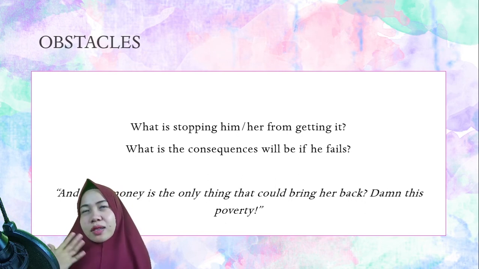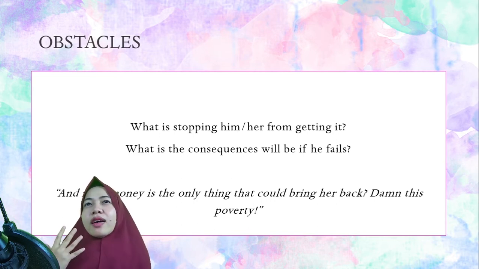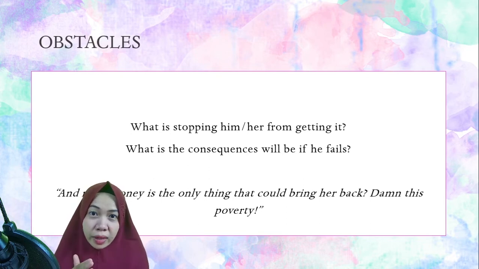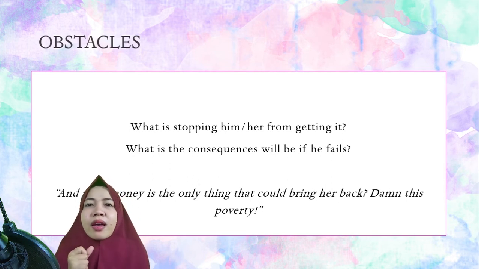So what is it? What does this woman not have? Okay, money, says the poor woman. So money will be the biggest problem. Okay, then use the money as the obstacle. Something like that.